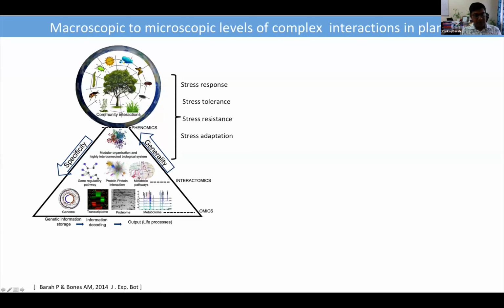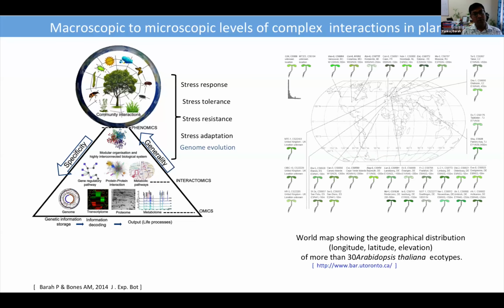Because of these continuous interactions, and as plants are sessile and cannot move from one place to another, they have adapted with robust stress response mechanisms. Gradually, they develop stress tolerance. Then some of those species, ecotypes or cultivars develop stress resistance. And in the due course of adaptation, the genome evolves.